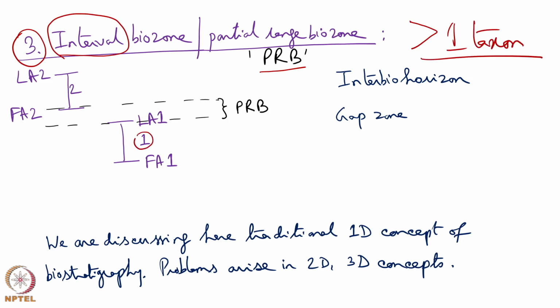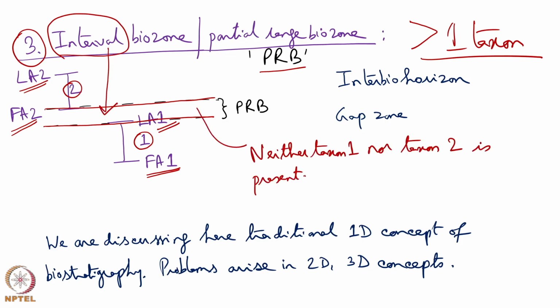Consider taxon 1 with first appearance at FA1, last appearance at LA1, and for taxon 2 first appearance 2 and the last appearance 2. Now, in between there is a zone we can call as the interval zone, where neither taxon 1 nor taxon 2 is present, and this interval is known as the partial range biozone.